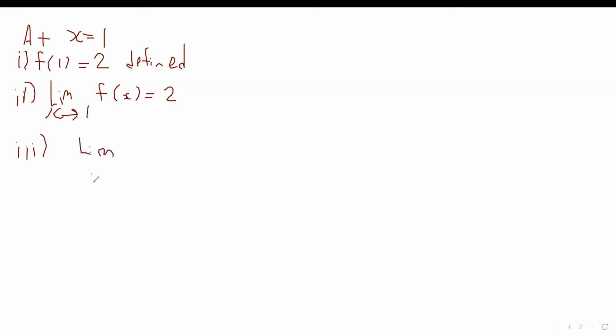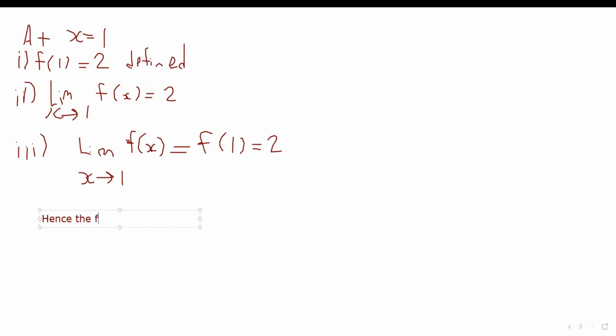So since the limit as x approaches 1 of f of x is indeed equal to f of 1, which is equal to 2, hence the function f is continuous at x equal 1.